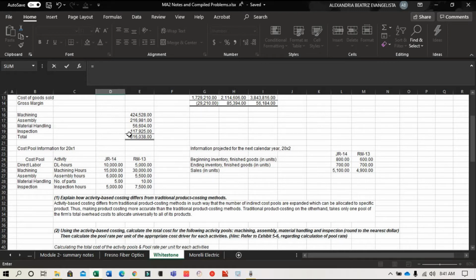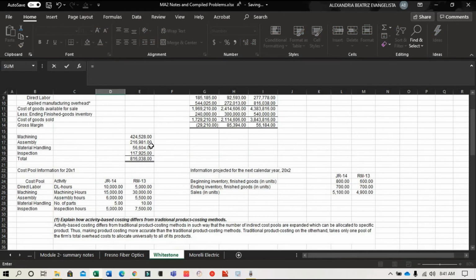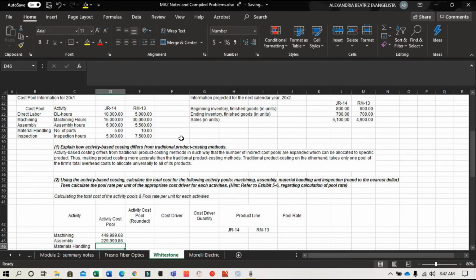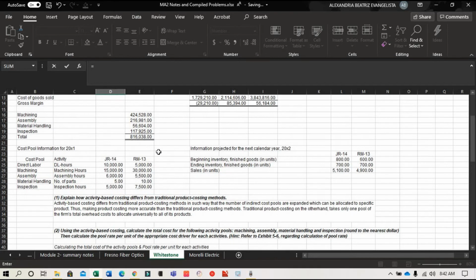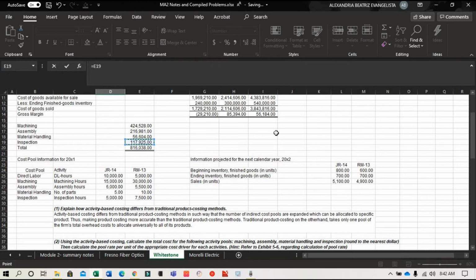For machining, that is 424,528 multiplied by 1.06. For assembly, that is 216,981 multiplied by 1.06. For materials handling, that is 56,604 multiplied by 1.06. For inspection, that is 117,925 multiplied by 1.06.